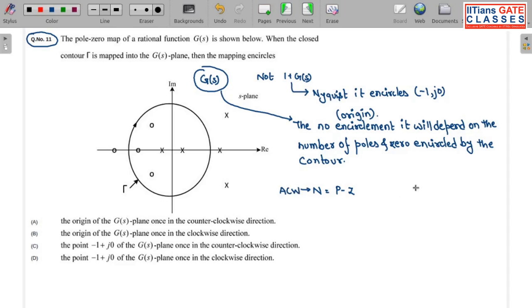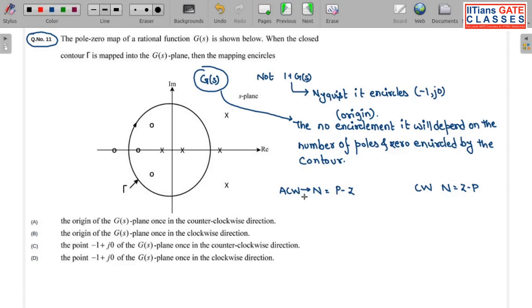If I want to write it for the clockwise direction, it will be N is equal to Z minus P. Okay, this is not the Nyquist criterion where P is the number of open loop poles in the right half and Z is the number of closed loop poles in the right half of the S plane. It is not that formula. This is simply the number of encirclements.